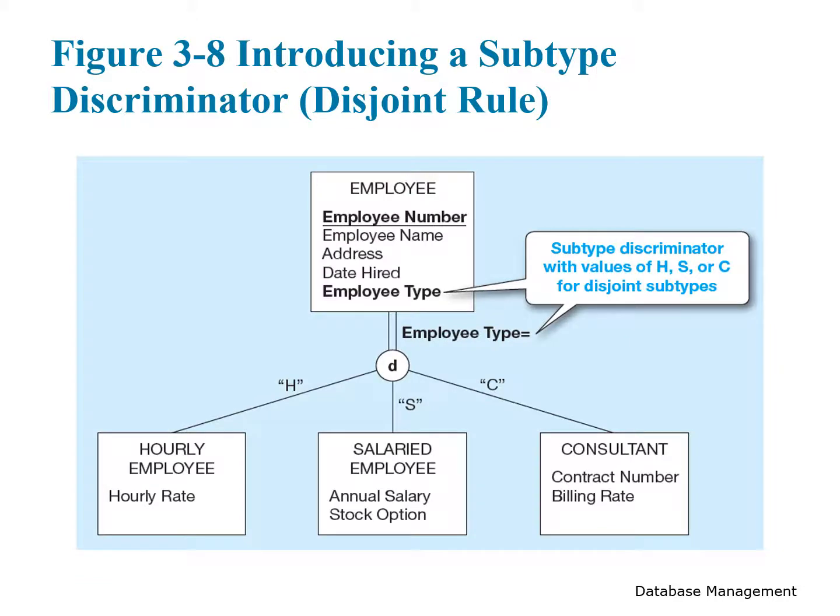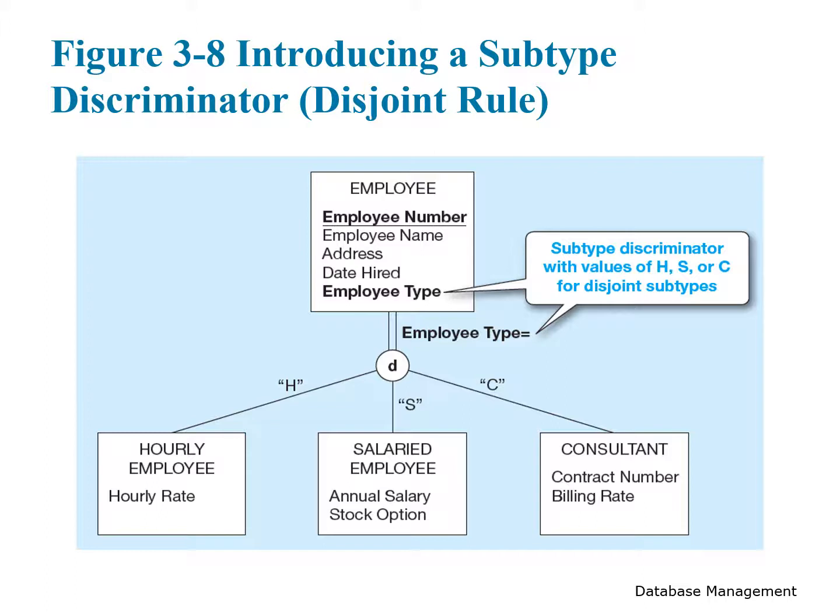Figure 3-8, introducing a subtype discriminator, disjoint rule. Employee: employee number, employee name, address, date hired, employee type, the subtype discriminator, with value of H, S, or C for the disjoint subtypes. So you can see D, hourly employee, salaried employee and consultant.